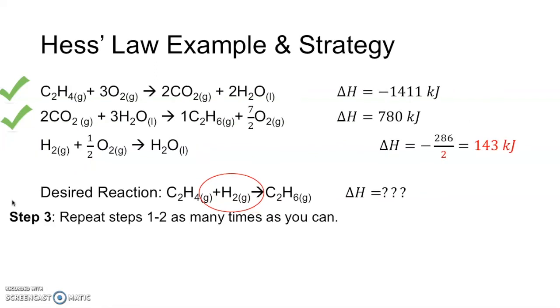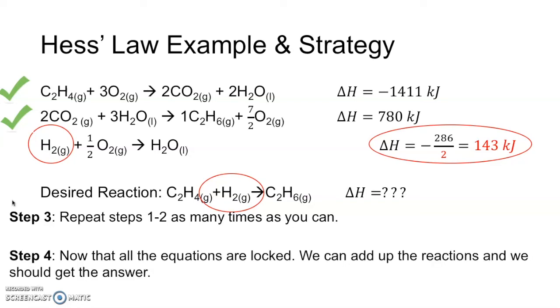We could divide the third equation by 2. Then the enthalpy change gets divided by 2. Now H2 is in the appropriate location and has a good coefficient. So now we get a check mark for the third one.